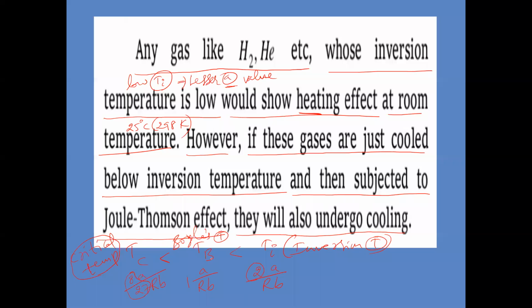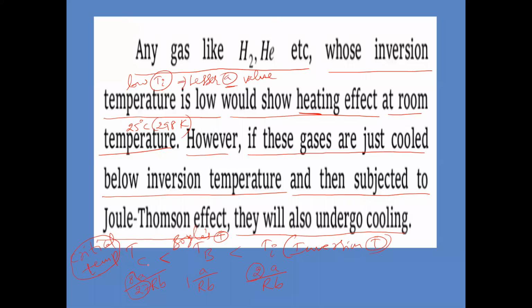Suppose a gas has a Boyle's temperature of 50 degrees Celsius. What will the inversion temperature be, more than 50 or less than 50? It must be more than 50. And the critical temperature must be less than 50 degrees Celsius, remember.